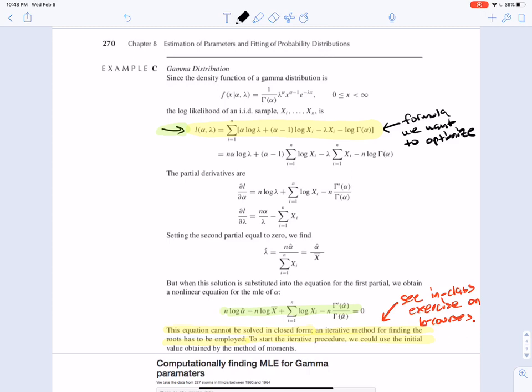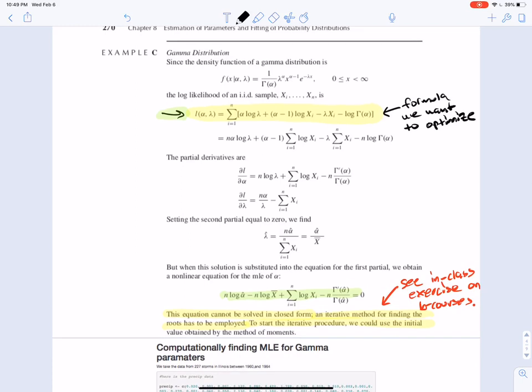Using our log rules, finding partial derivatives, setting them equal to 0, and solving 2 simultaneous equations, you get lambda hat as a function of alpha hat, and unfortunately, using the second equation or using the first equation, we can't get a closed formula. So we're going to have to solve this numerically.